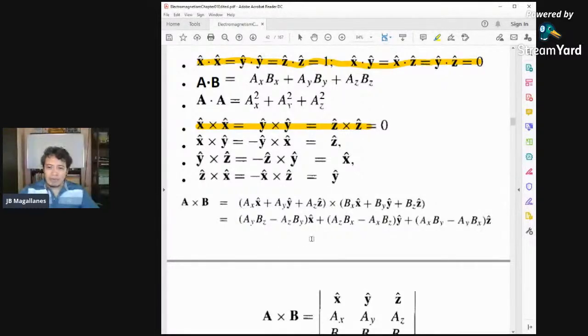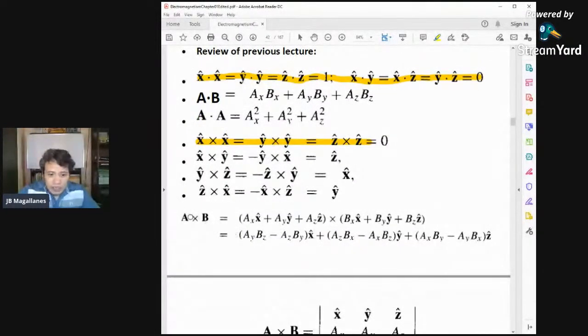Remember, A cross B is a cross product, or a vector product. You have directions here: x, y, and z. And the components are given by this. The x component is given by that. Look, the x component includes only y and z components.